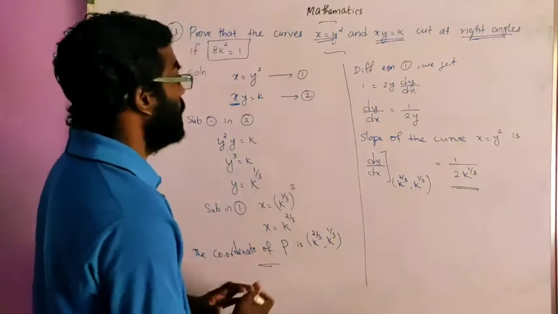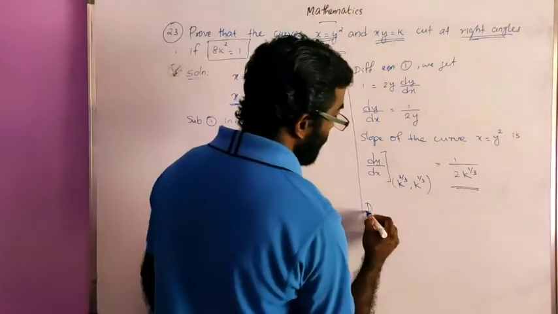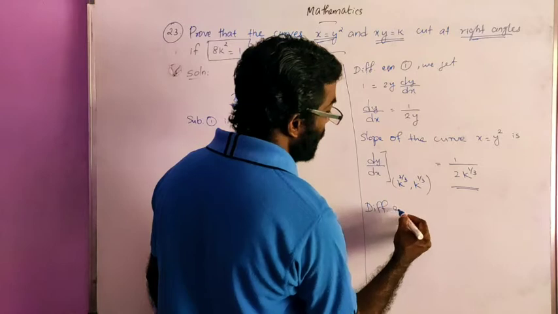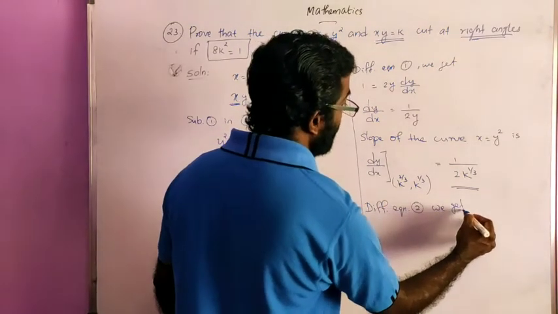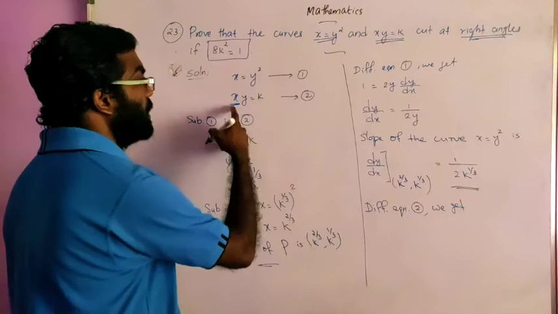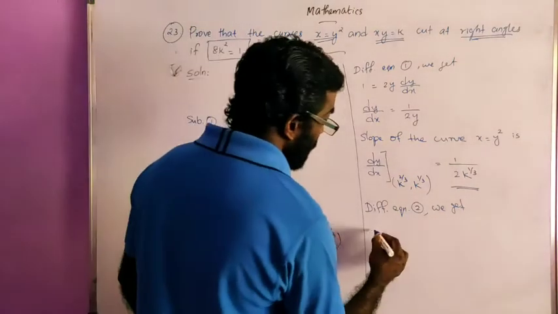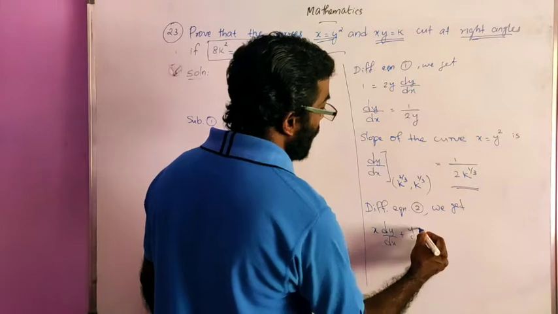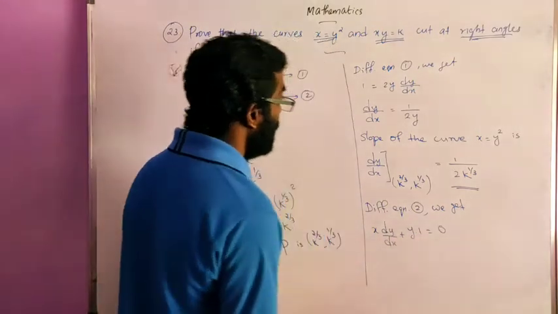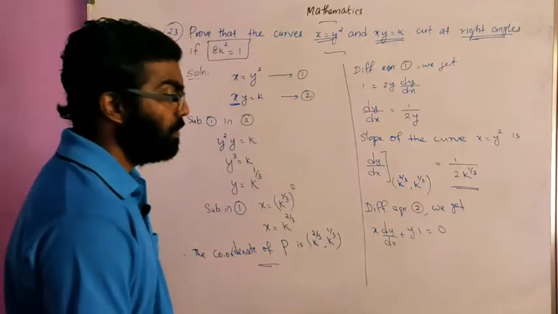Now we can differentiate equation 2 with respect to x. So differentiating equation 2 with respect to x, we get, xy, we can apply product rule. So x into dy by dx, then plus y into 1 is equal to derivative of k. Derivative of a constant is 0.